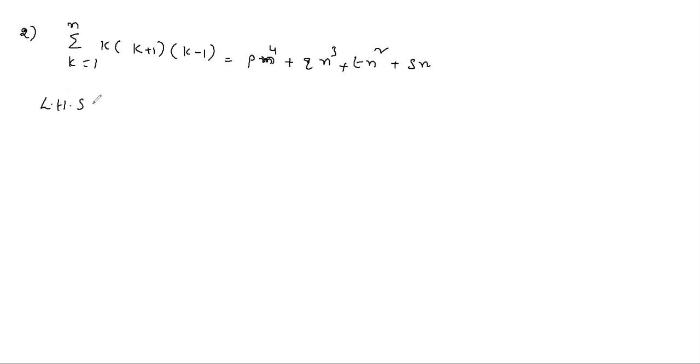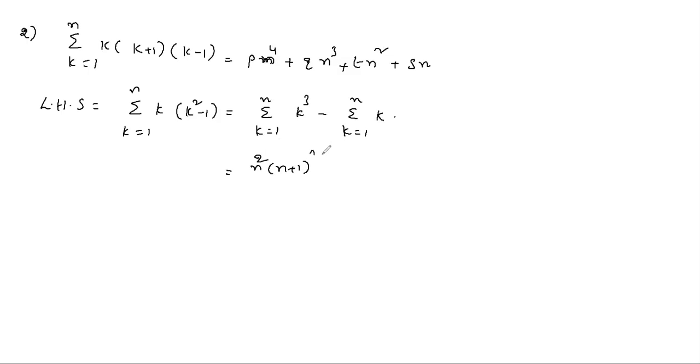LHS equals sigma k equals 1 to n, k into (k plus 1) into (k minus 1), which is k into (k square minus 1). So sigma k equals 1 to n of k cube minus sigma k equals 1 to n of k, by splitting. Sigma k cube, we know the sum of cubes of first n natural numbers, n square into (n plus 1) whole square by 4.